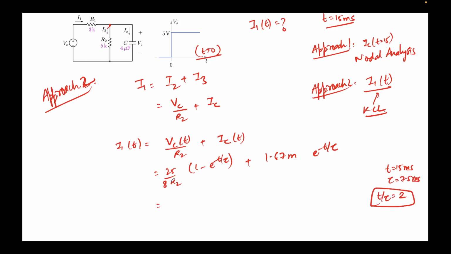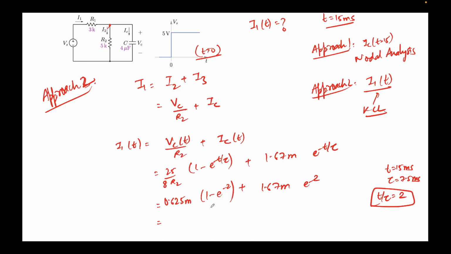Let me just put these values over here. R2 is 5, right? So if I put 5 over 5 by 8, this is 0.625 milli times 1 minus e to the power minus 2, since t by tau is 2, plus 1.67 milli times e to the power minus 2.